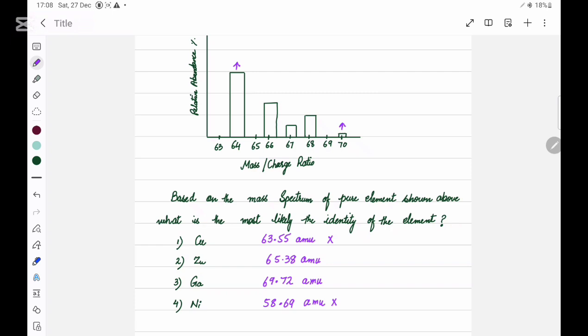Its value should be closer to 64, which has the highest abundance. So this would also not be the answer. But zinc should be the correct answer. Its value is 65.38, which is closest to the highest abundance. So our answer would be zinc.